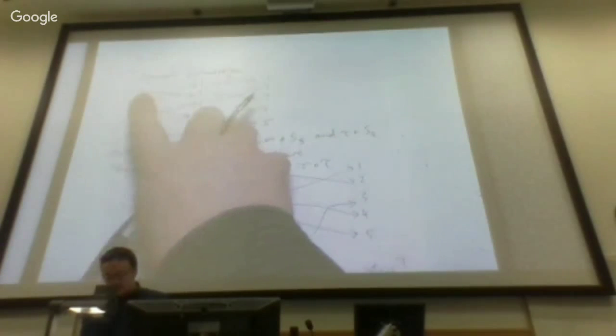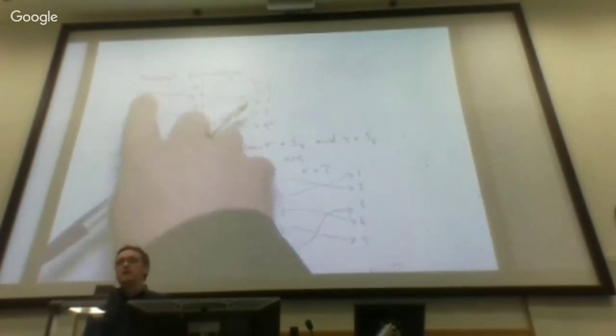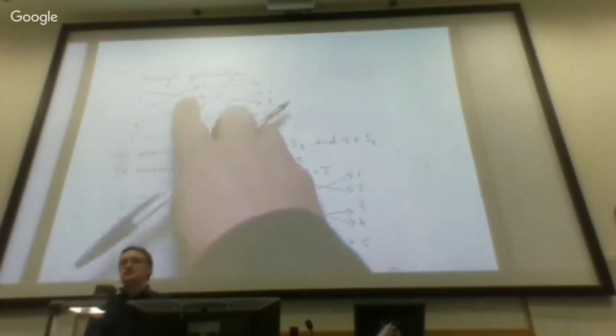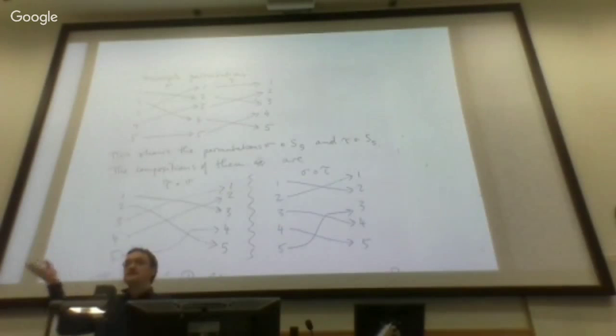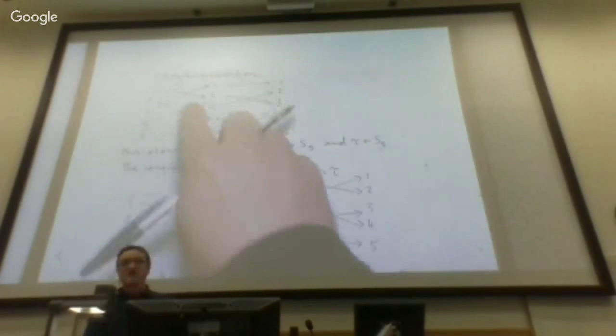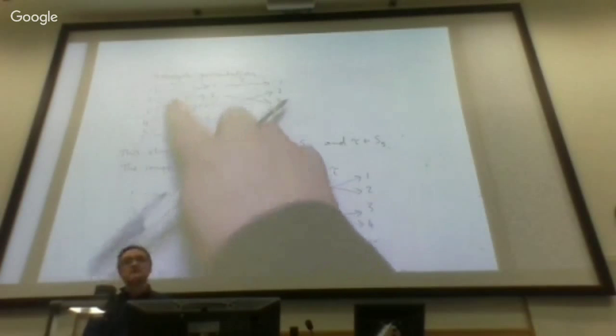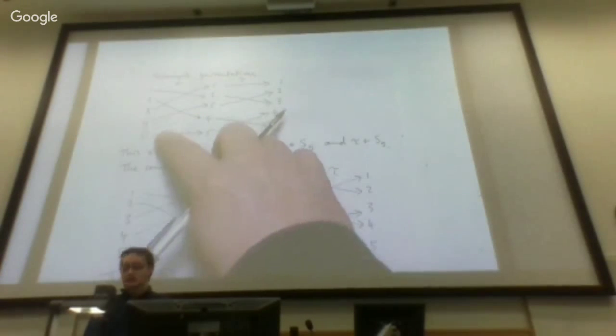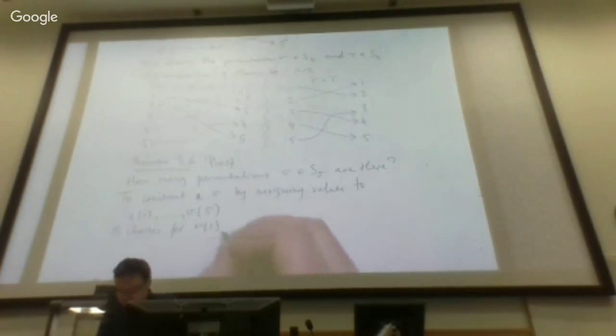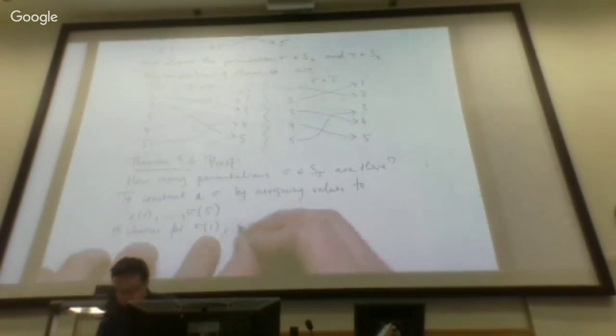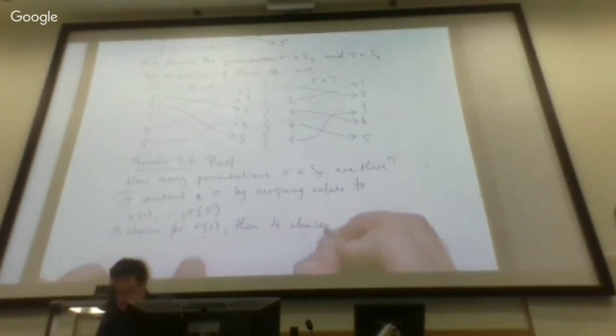Once I choose to make 2 the value of sigma 1, I can't send anything else to 2, because that would break the injectivity, the injective property of the function. So the function has to be 1 to 1. So once you assign a value, that can't be assigned to any of the other arguments. Okay? So 5 choices for sigma 1, and then there are 4 choices for sigma 2.